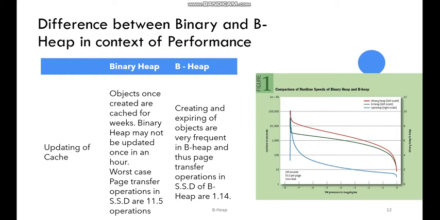As gigabytes of data or objects are delivered to the clients, these objects will all compete for the primary resource. In the worst case, the binary heap averages 11.5 page transfers per operation, while BHeap needs only 1.14 page transfers on SSD. If we are using a mechanical hard disk, the rotating platters would change the ratio, and the ratio varies up to 110 and 11.4 milliseconds.